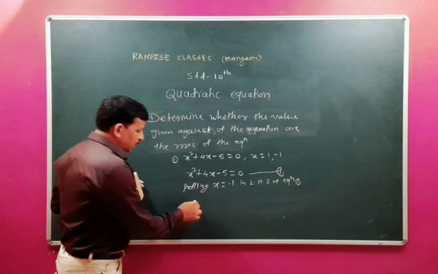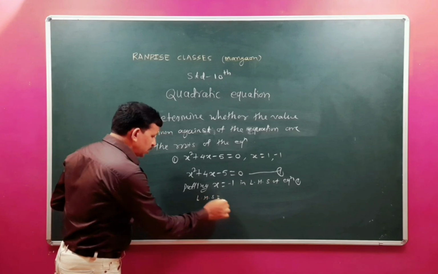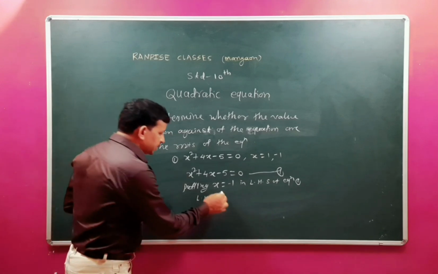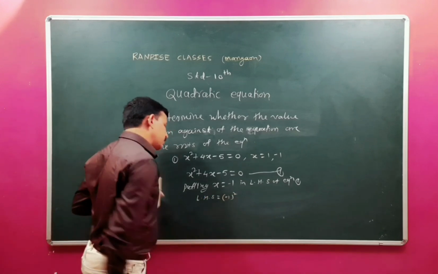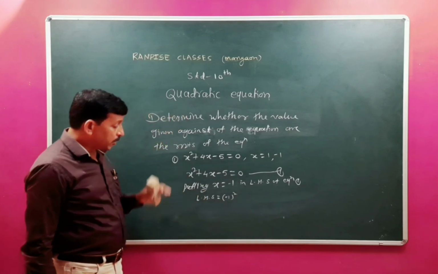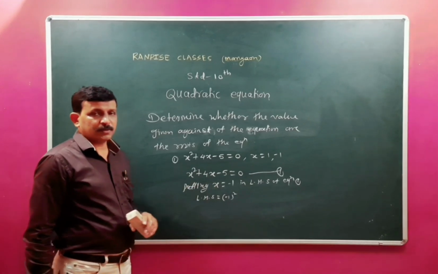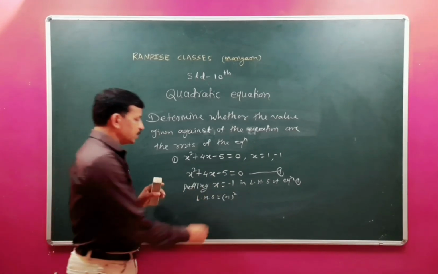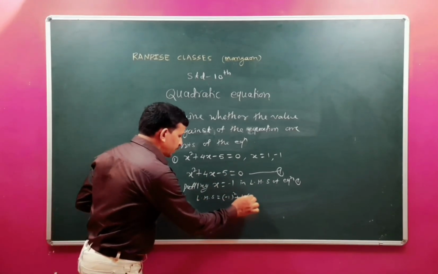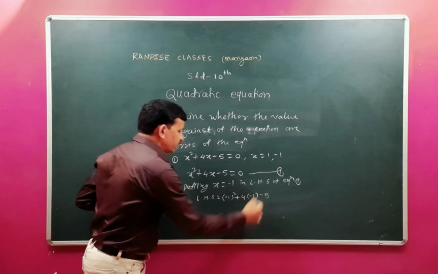Again LHS equals, see here x² means (−1)². Here very important, write −1 in brackets: (−1)² + 4(−1) − 5.